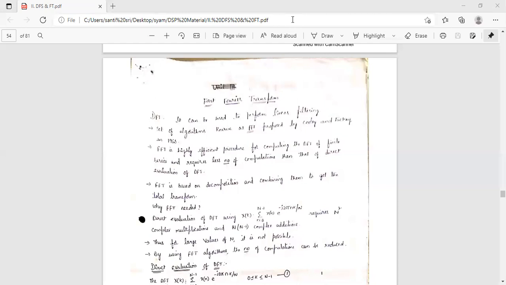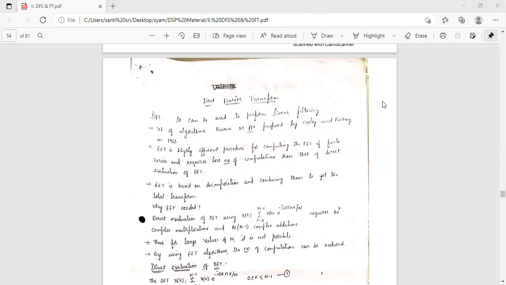Okay, so FFT is based on decomposition and combining them to get the total transform. First of all, we have to decompose the transformation and finally we'll combine.